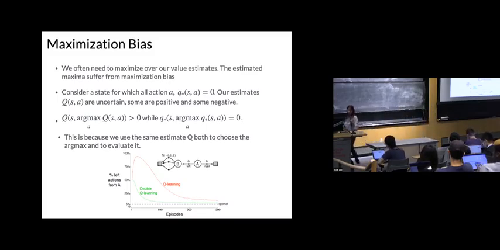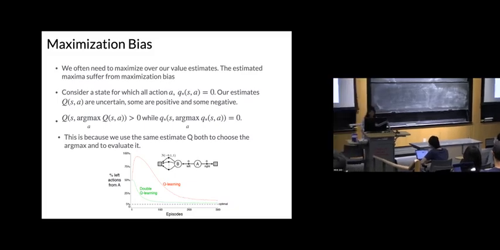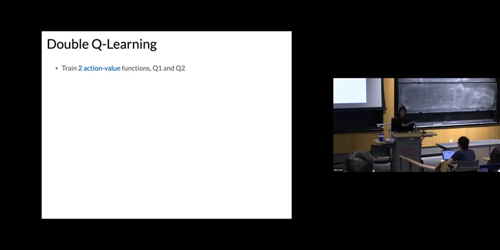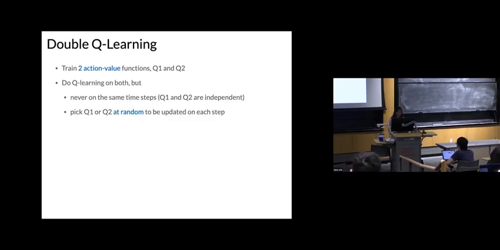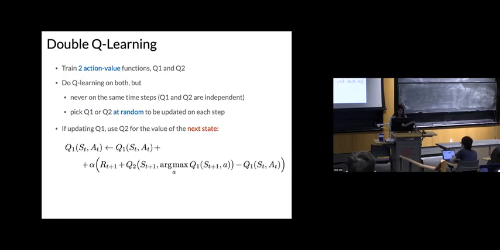Of course, this ensures that the two Q functions use different experience to compute. So this is called double Q learning. We're going to be computing two Q functions, Q1 and Q2. We will never update both on the same time step. That's exactly what we said: we want them to be decorrelated. So you pick one at random to update, and then the update rule is the following.